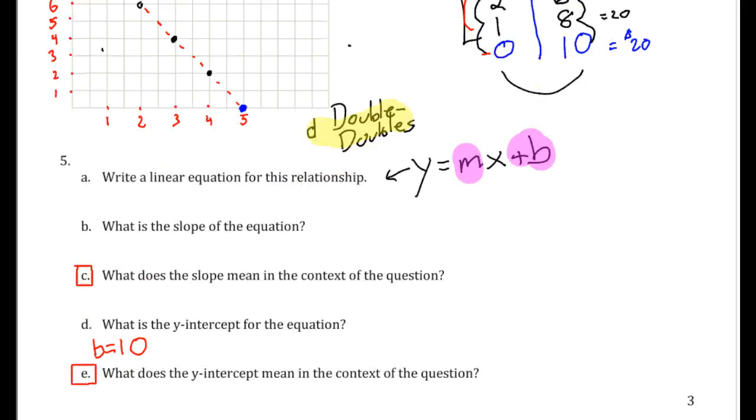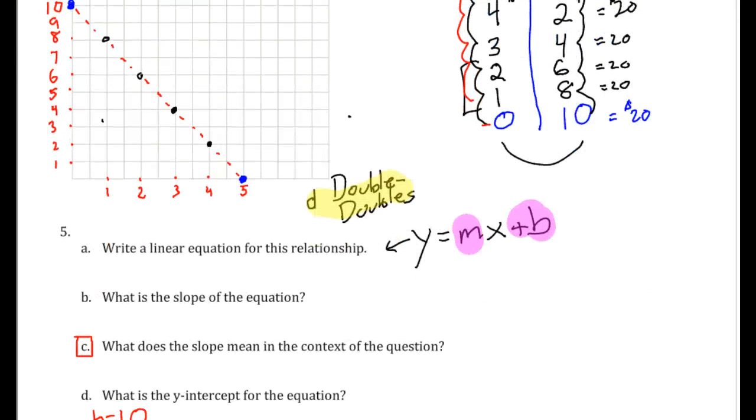What is the slope? Is it positive or negative? Negative. Negative's going down. Now be careful here. Watch this. It goes down 2 squares and it goes right 2 squares. However, remember over here we're counting by ones. Over here we're not counting by ones, right? So you have to look at the scale.